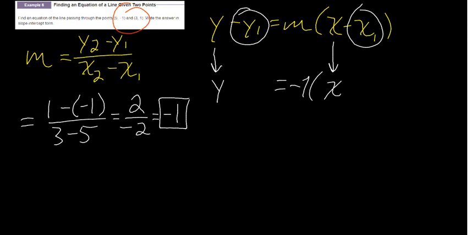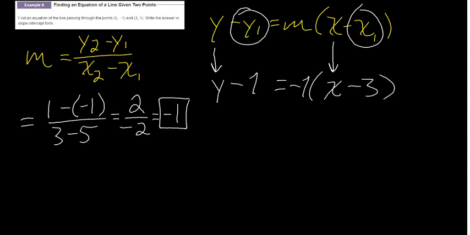But I would choose the one without negative numbers. Now, you won't always have that option, but if you do, roll with it. So I'm going to use 3, 1. It has a 1 for a y, so we have y minus 1, and a 3 for an x, so x minus 3.